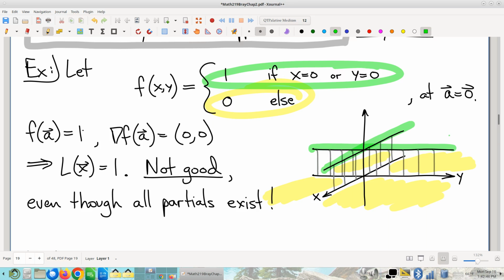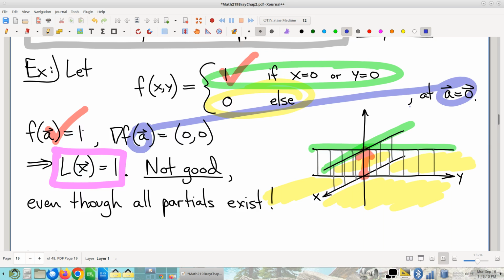And let's go in naively and just write down the formula for our linear approximation, and I claim it ends up being 1, because the value of the function at the origin is 1. And if you ask what's the partial derivative in either the x direction or the y direction at the origin, keep in mind, this is at the origin that we're interested in.